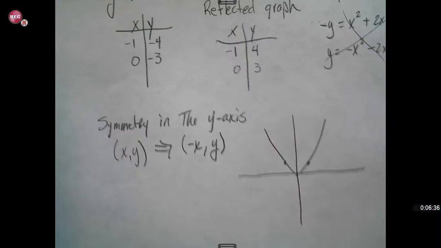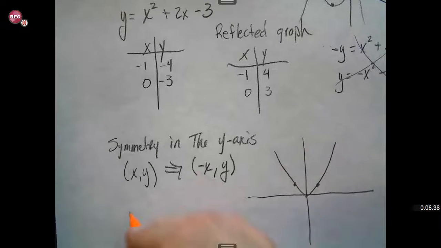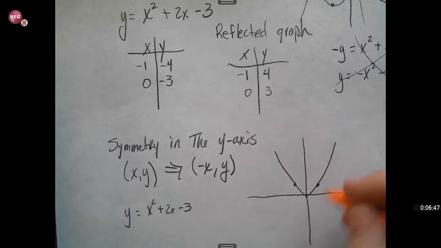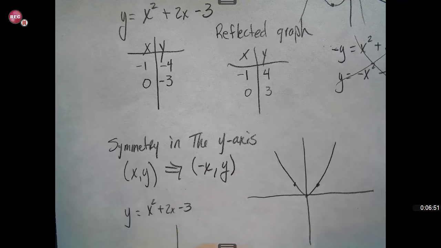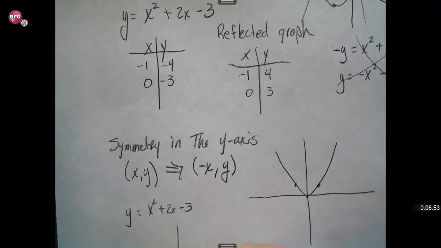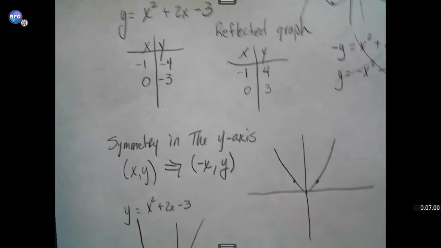Okay, so again, the parabola that I used up above, y equals x squared plus 2x minus 3, that parabola does not have symmetry in the y-axis, because again, that vertex is here, the y-intercept is here, and it goes something like this.